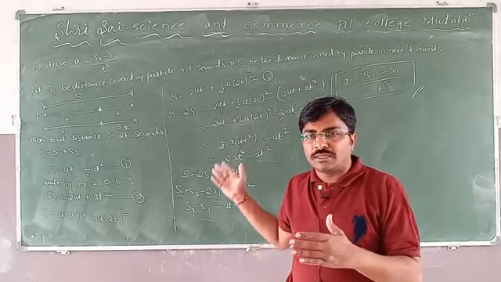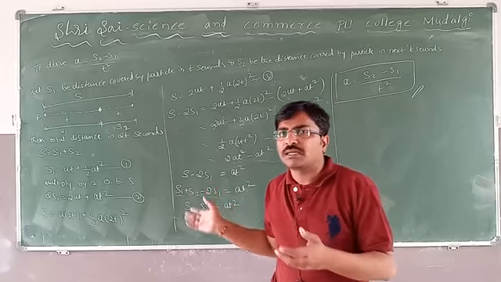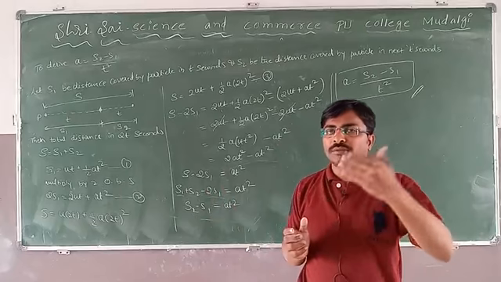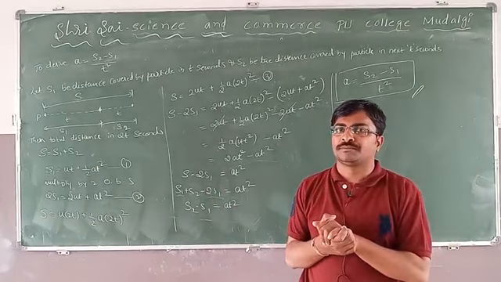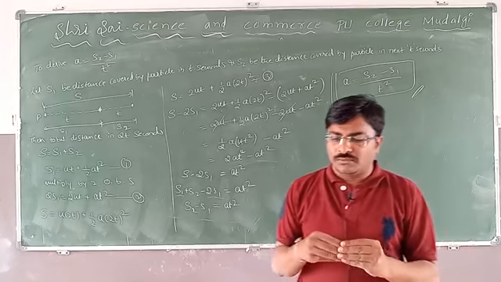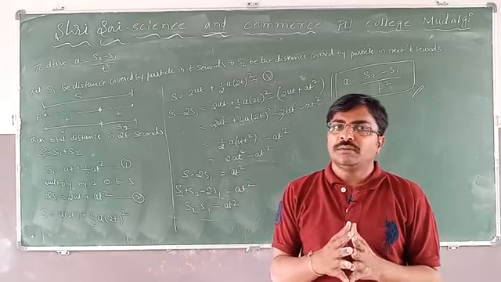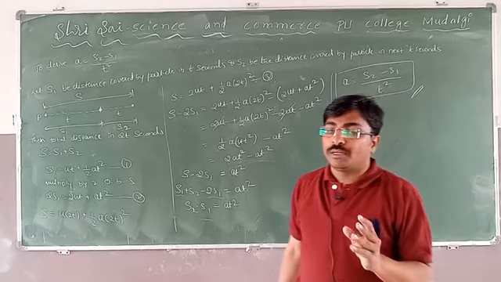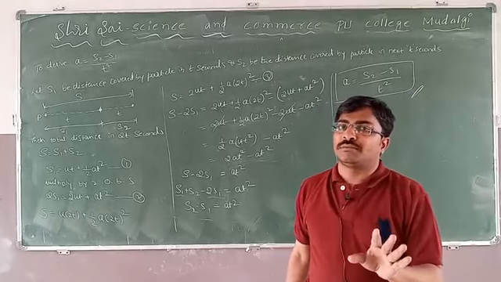From the next class onwards I will start the problem section, after completing relative motion. Once I start the problems you will get more idea regarding this chapter as a whole.